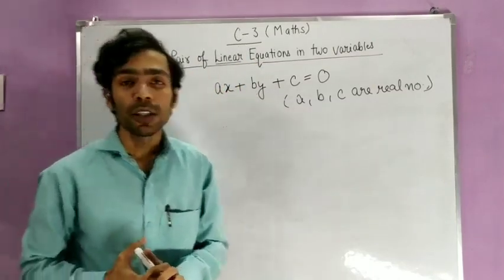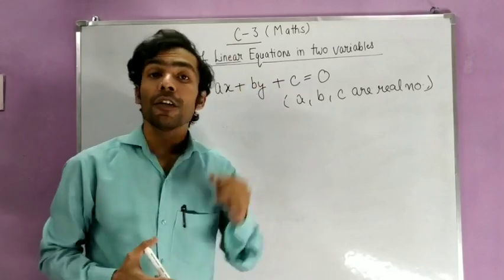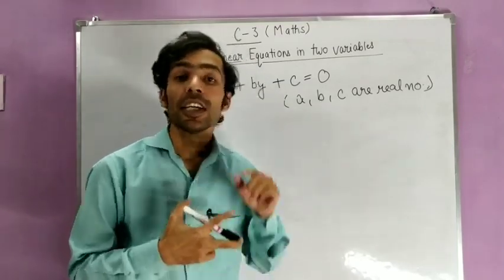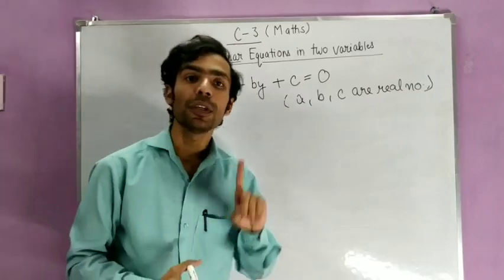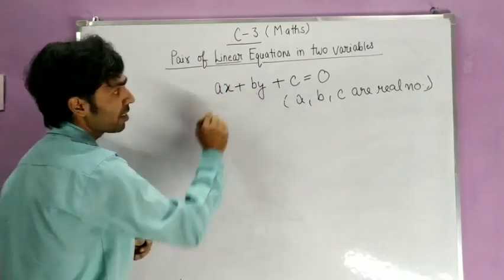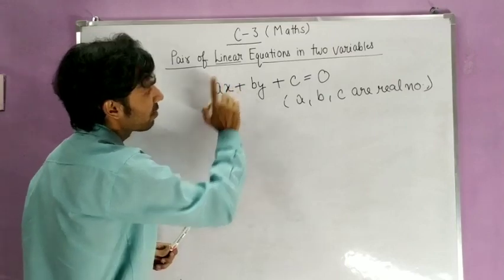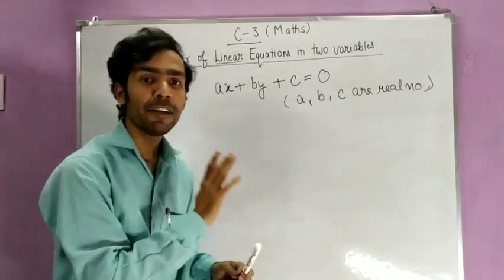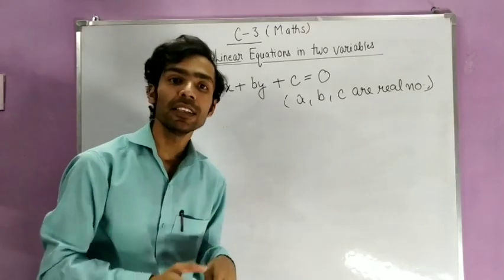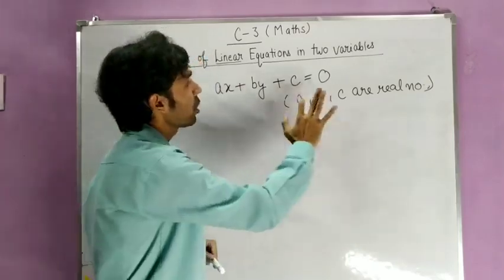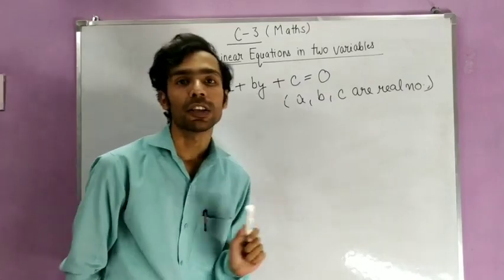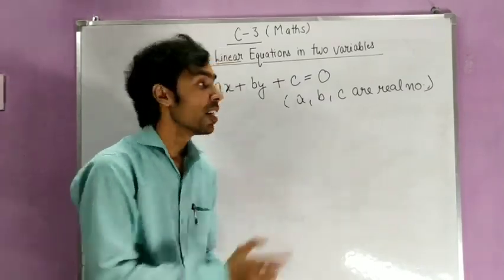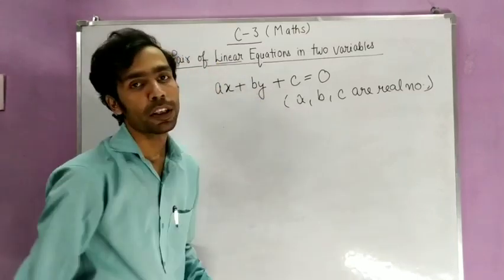What I mean to say, students, is linear equation means whatever variable we are using in the equation, its maximum power should be 1. You can see in this equation the power of x is 1 and the power of y is also 1. So both have the same power and that is 1. That's why this equation is known as linear equation. And because it is in 2 variables, that's why it is known as linear equation in 2 variables.